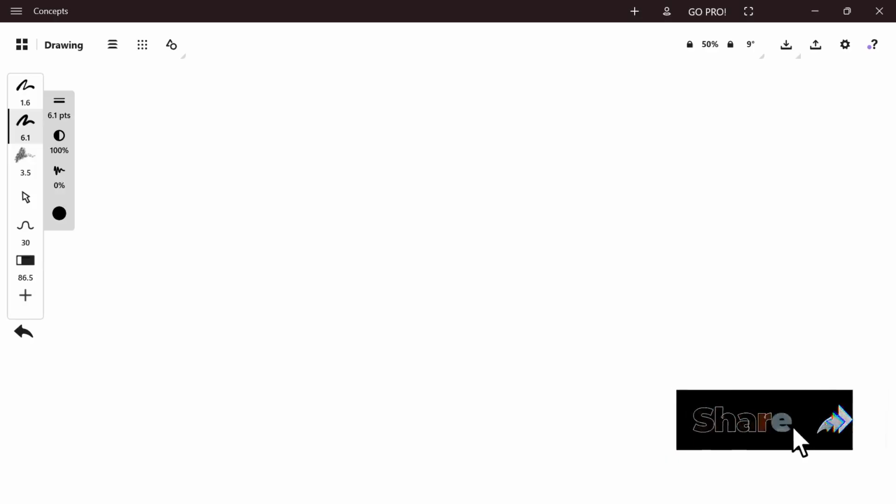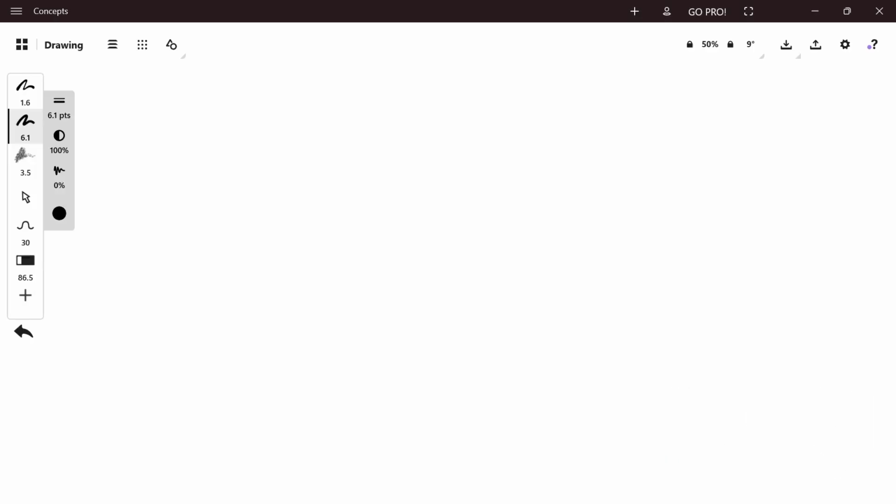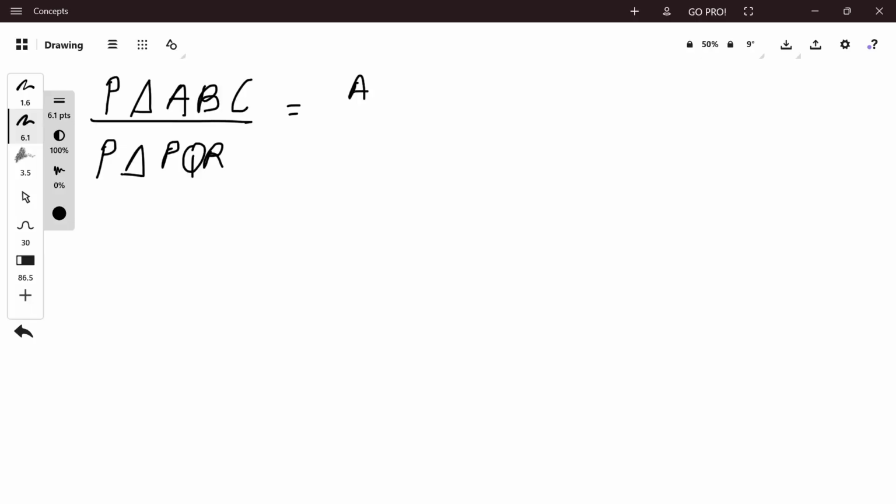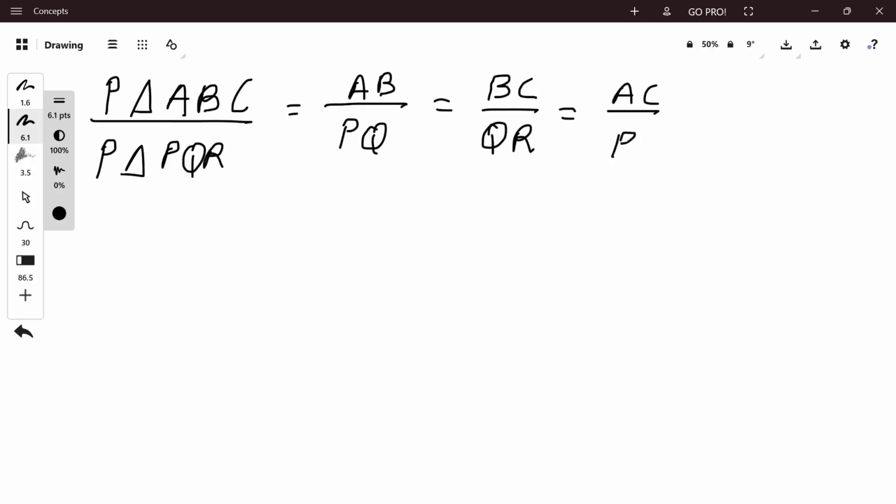For similar triangles, the ratio of their perimeters is equal to the ratio of their corresponding sides. That is, perimeter of triangle ABC upon perimeter of triangle PQR is equal to AB upon PQ is equal to BC upon QR is equal to AC upon PR.